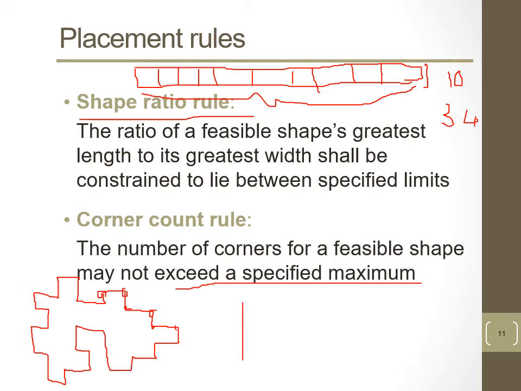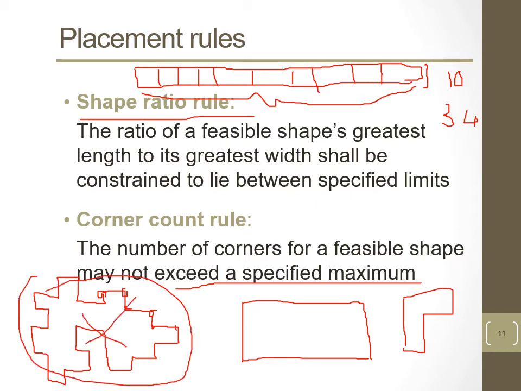Of course, in real life, if it's a rectangular shape, we want the corners to be equal to 4. But in some cases, maybe L-shaped or T-shaped departments are allowed. Then you can increase the number of corners accordingly, but it shouldn't be something like this. So the corner count rule tells you this.